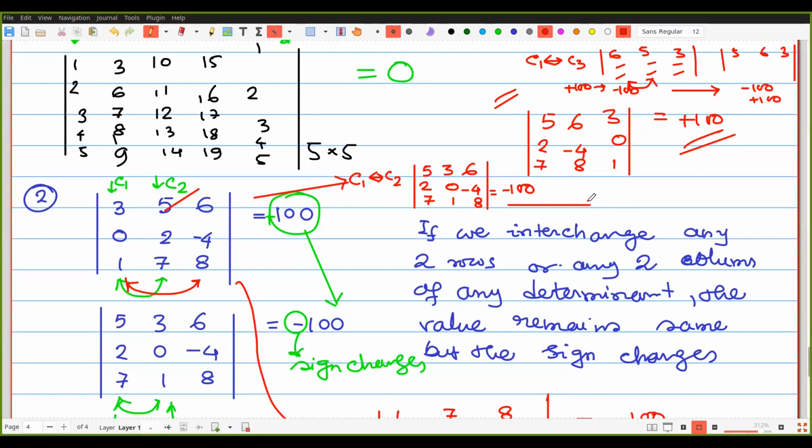Now once again, I am interchanging row 1 and row 3. So it is now 7, 1, 8, 5, 3, 6, 2, 0, minus 4. That is minus 100 before, so now that is plus 100. Okay, clear?